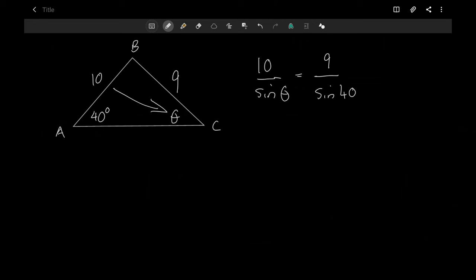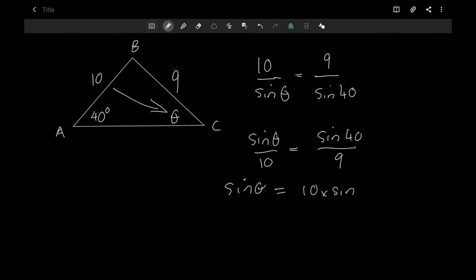If we're trying to solve for theta, let's start by inverting both fractions, and we get sine theta over 10 is equal to sine 40 over 9. We multiply both sides by 10, so we get sine theta is equal to 10 times sine 40 over 9.